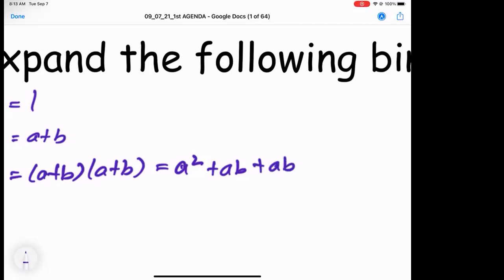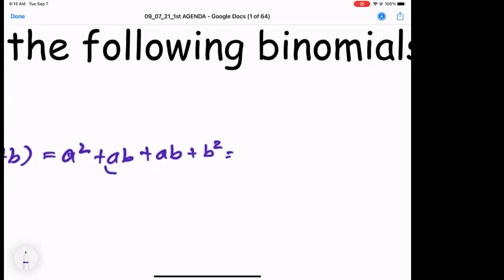And then you have last, b times b. So then that equals, if we combine like terms, a squared plus, how many ab's do we have? Plus b squared. Do you agree?